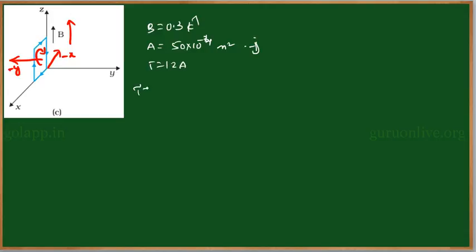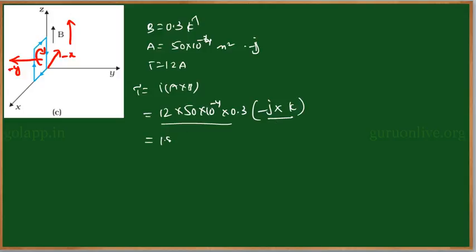So tau is equal to I into A cross B, that is 12 into 50 into 10 to the power of minus 4 into 0.3 into minus j cross k. j cross k gives i cap. After multiplying this, I will get 1.8 into 10 to the power of minus 2 and minus i cap. So that means it is in the negative x-axis direction. Torque acts towards the negative x-axis direction.